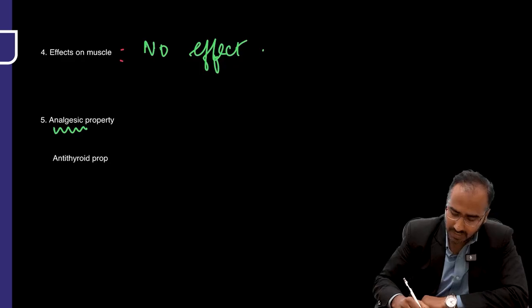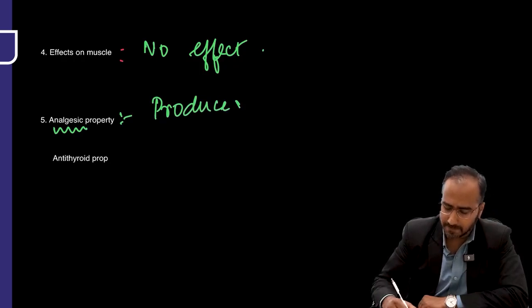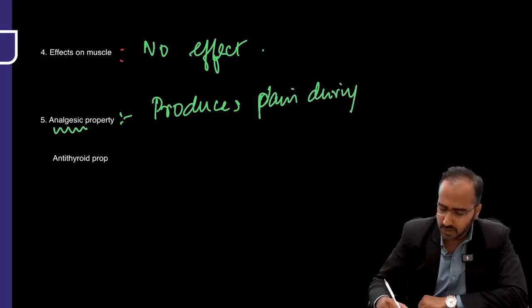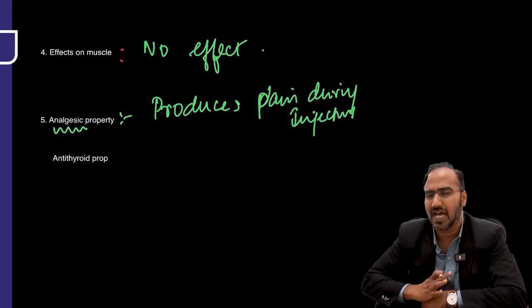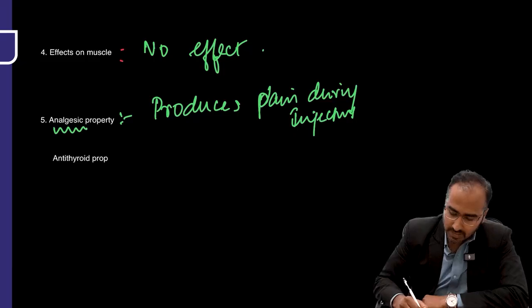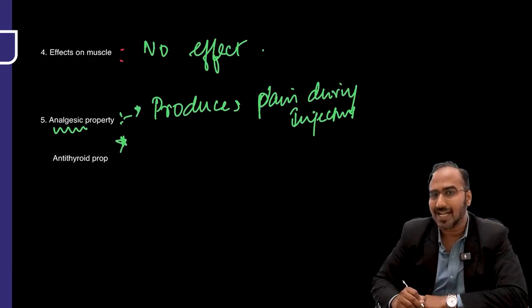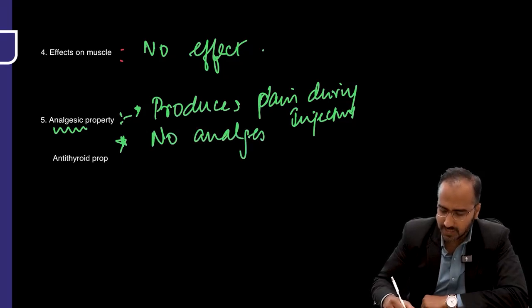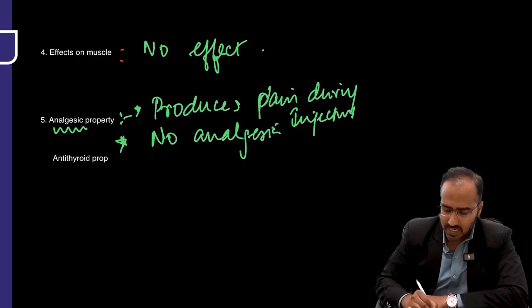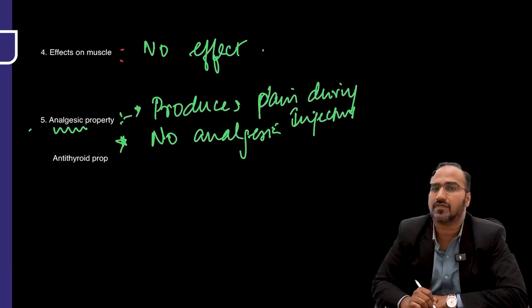No. Instead, sodium thiopentone produces pain during injection. While you are injecting sodium thiopentone, patient will have pain, right? Apart from that, what else we need to remember is it an analgesic? There is no analgesia. It won't produce any analgesia.